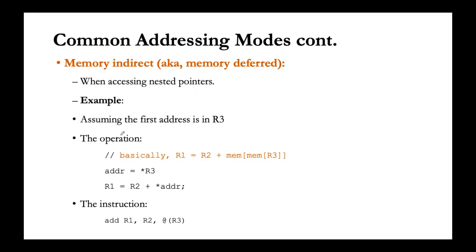So an example for that: assuming that the first address of an operand is in R3, then the operation can be written as R1 is equal to R2 plus a memory location, and that memory location holds the address of the operand, where the operand is located. So that is memory indirect.